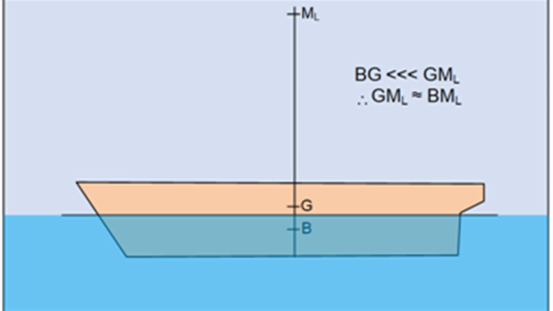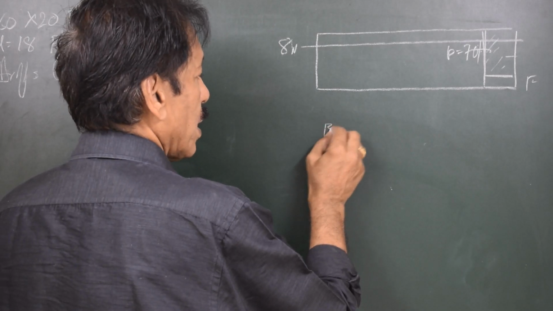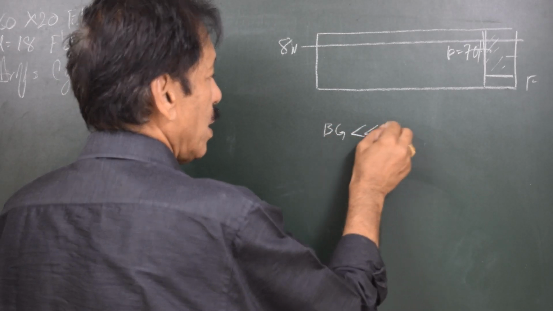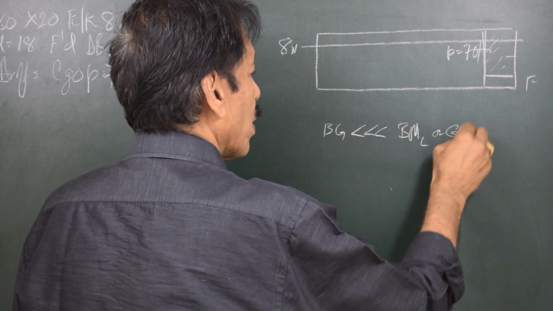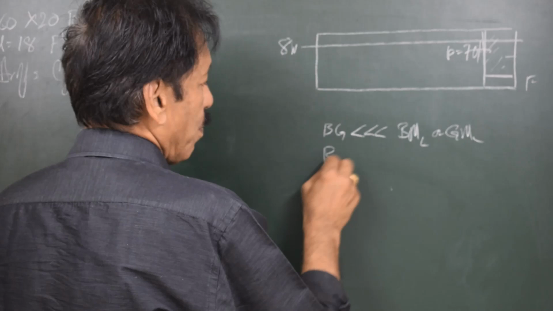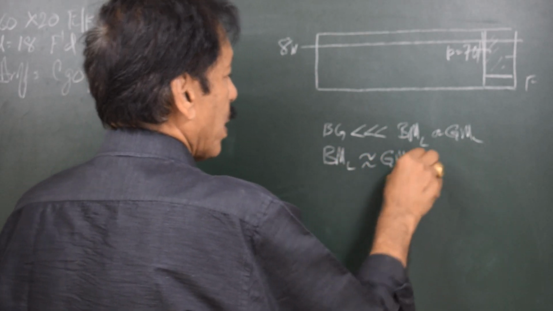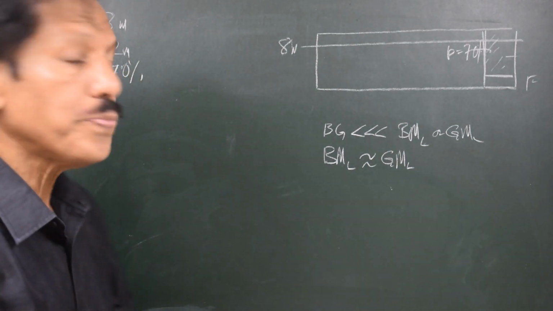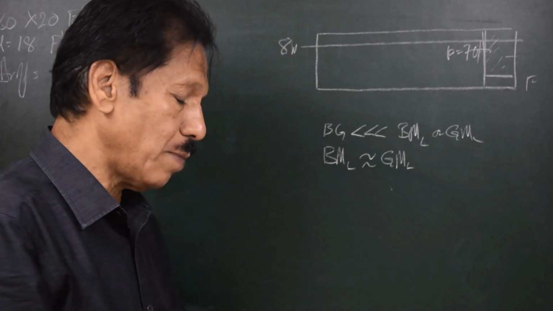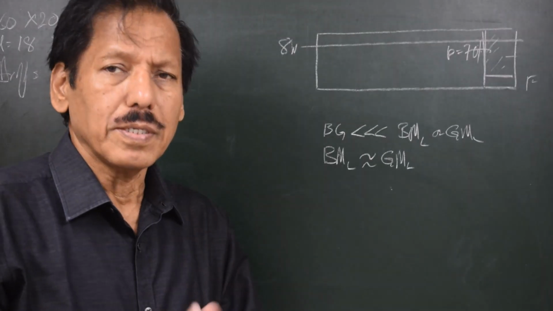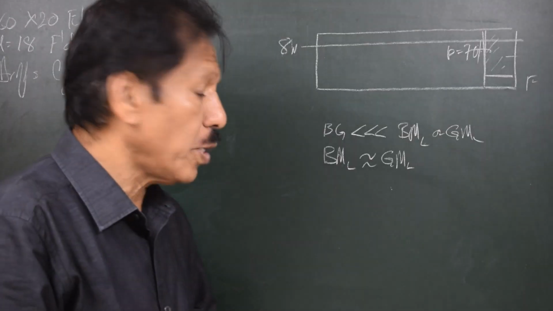In such questions where we don't know the position of center of gravity, we say that BG is very, very small compared to BML or GML. So we can say that BML is approximately equal to GML. Since the position of center of gravity is not given, we are not able to find out GML, and in these calculations we don't find out the new KB.